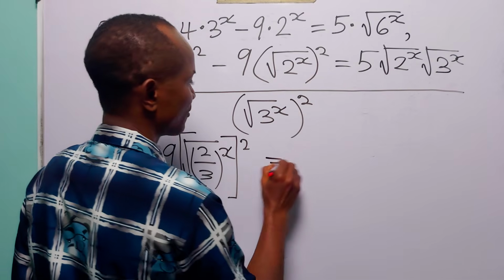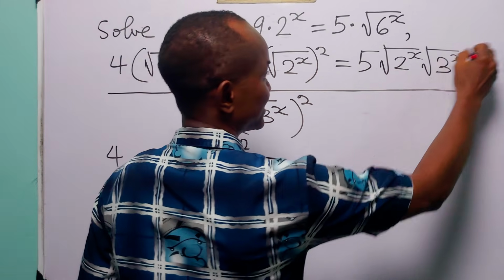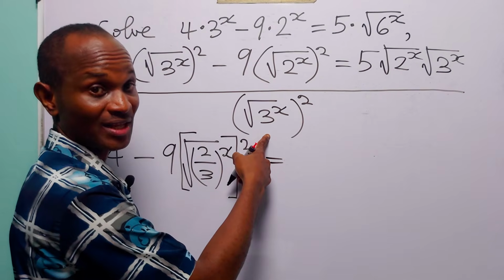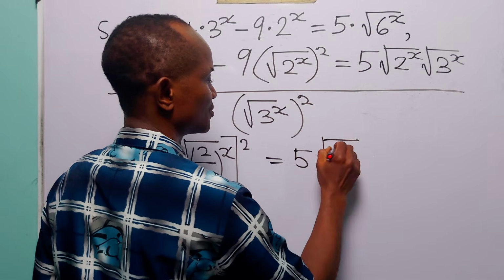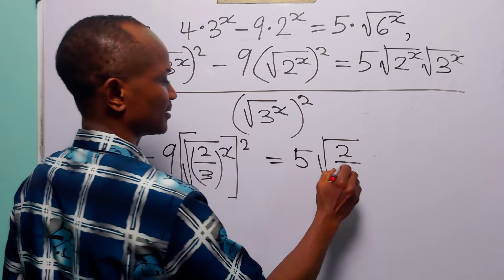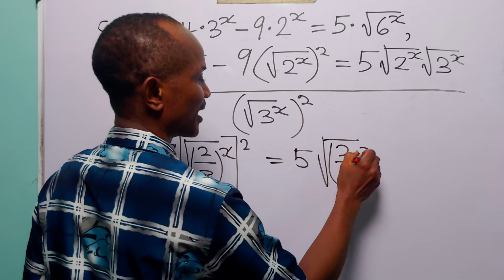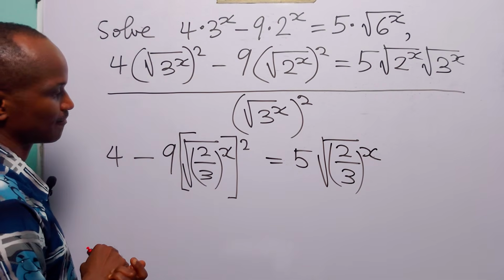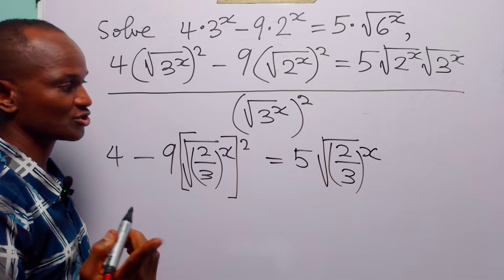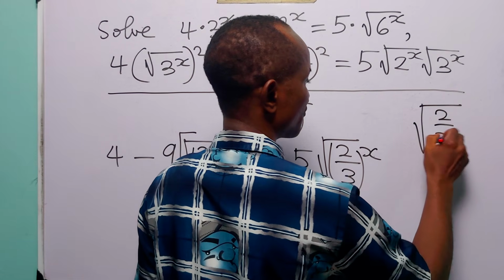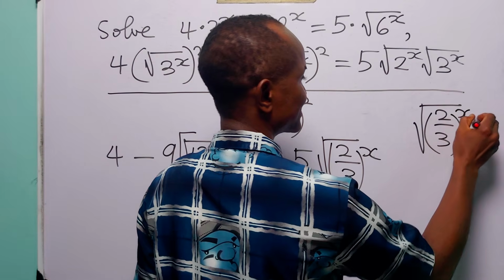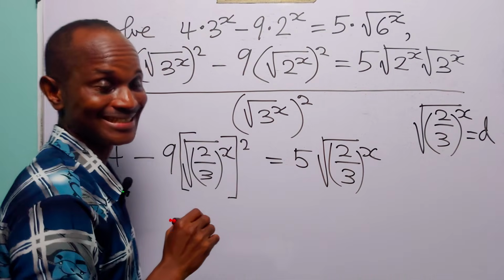And then this is equal to, now this is going to take one of that. So we have 5 times root 2 over 3 to the power x. Now we do a substitution. Let root 2 over 3 to the power x be equal to the letter d.